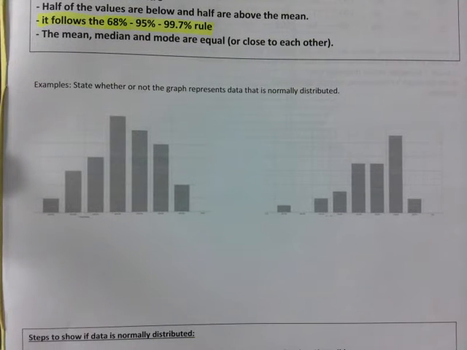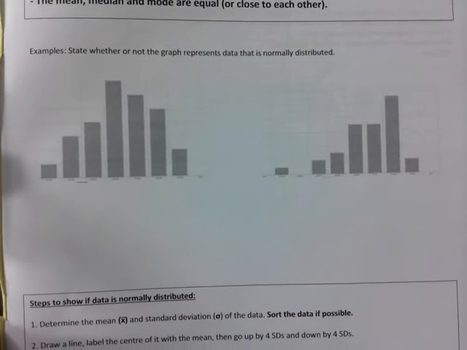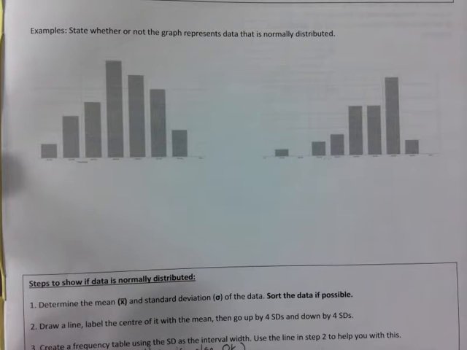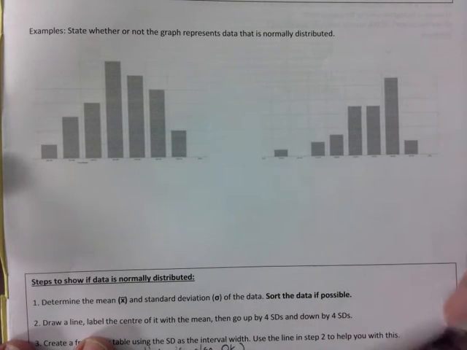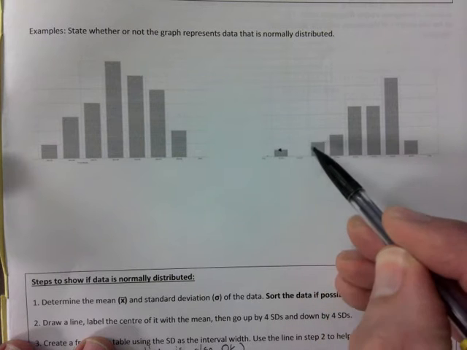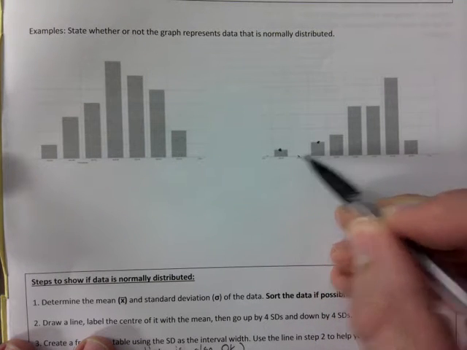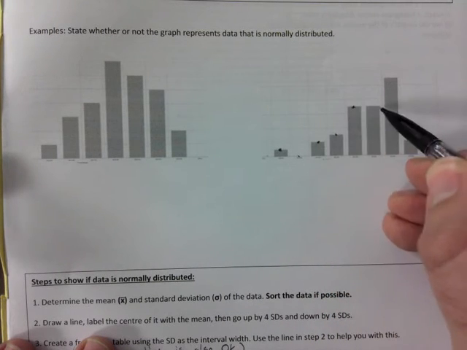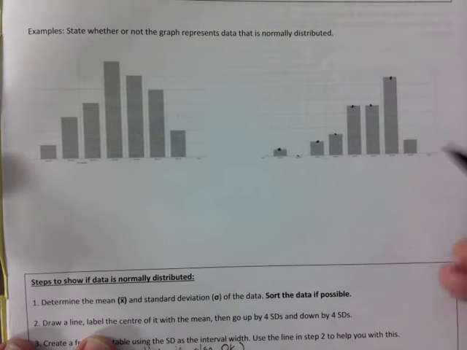So here it is, state whether or not the data is normally distributed. Right? So this is not perfect. I purposely picked instances where it's not perfect, but if you just try to connect the tops, right? Like if you go and find the midpoints of these bars, right?